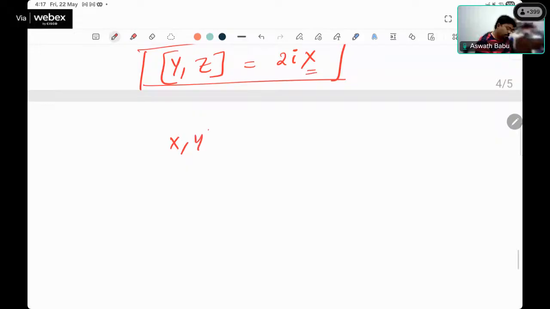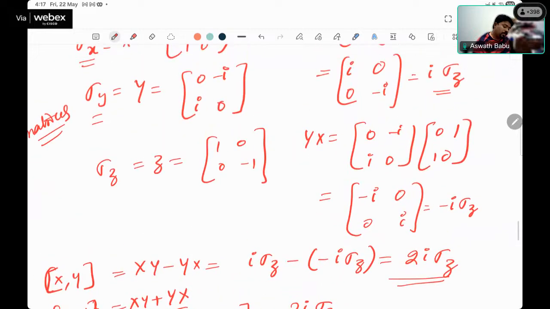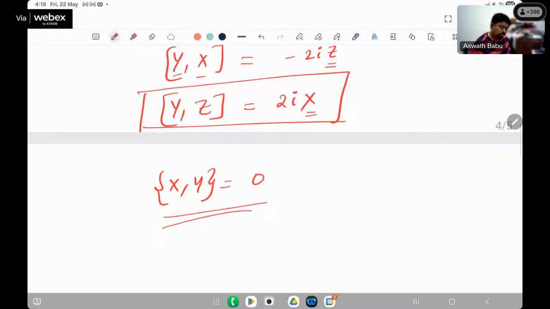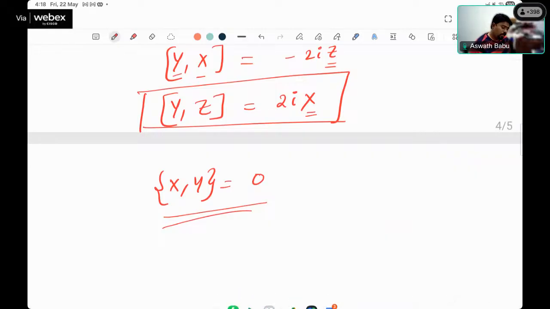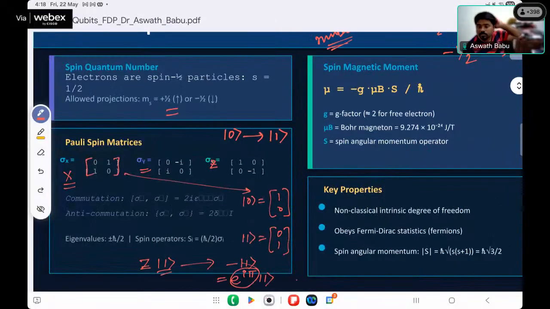The anti-commutator of x comma y is actually 0. You know why? You see, xy is i sigma z, yx is minus i sigma z. If I sum them, I'll get 0. So that is what anti-commutator relations are. Okay, right? So this is what we have. In fact, these things are used to simplify quantum circuits.